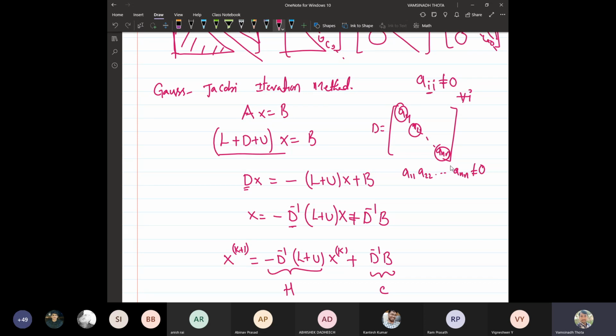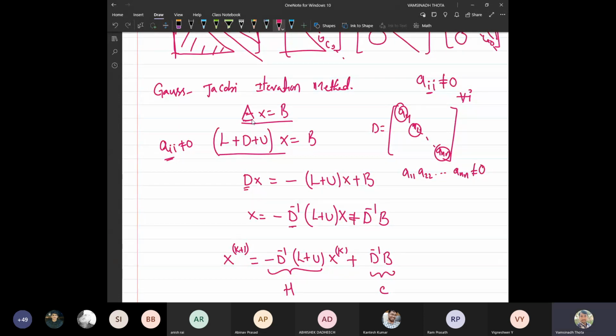What is this aii? These are nothing but the diagonal elements of the coefficient matrix. So in the Gauss-Jacobi iteration method, it is very much essential that once you write the system of equations in the matrix form, the diagonal elements should be non-zero. That is how you should write the coefficient matrix representation for the given system.